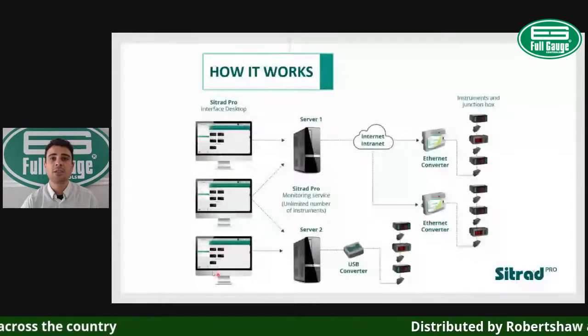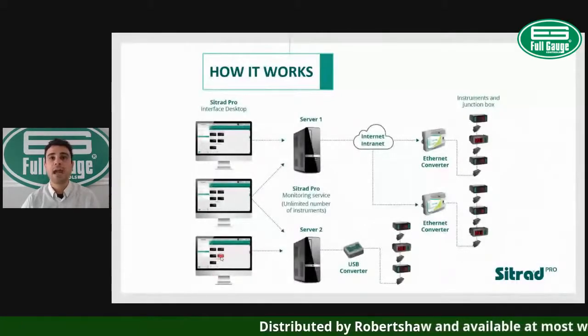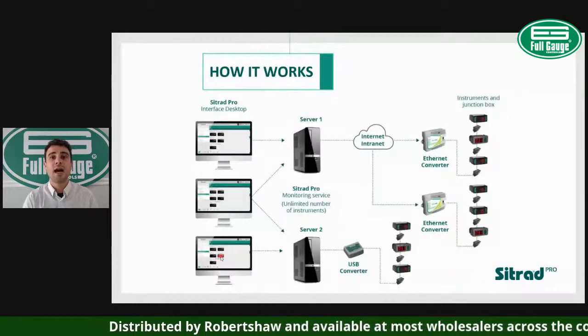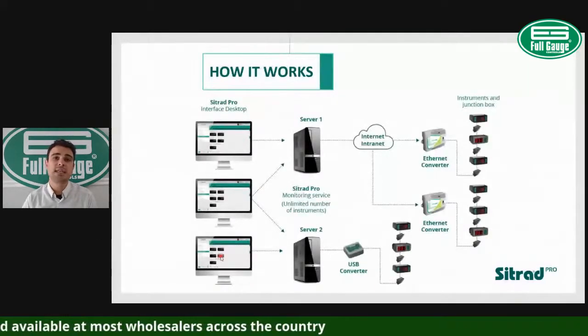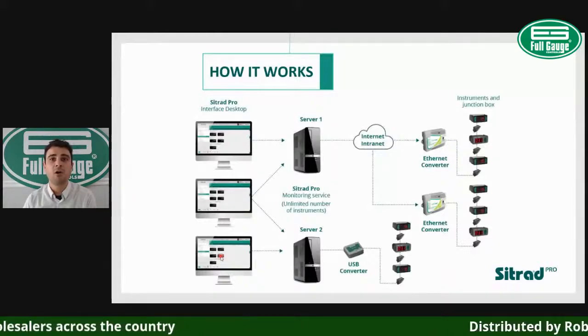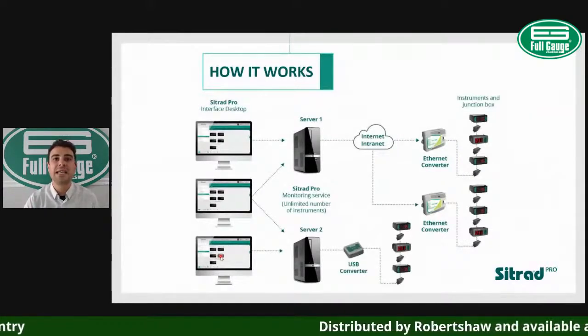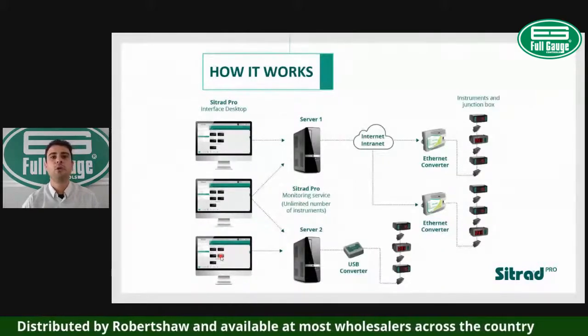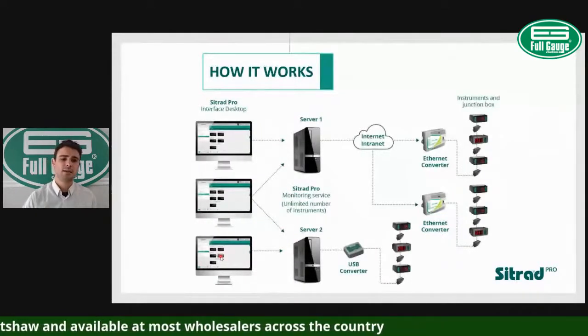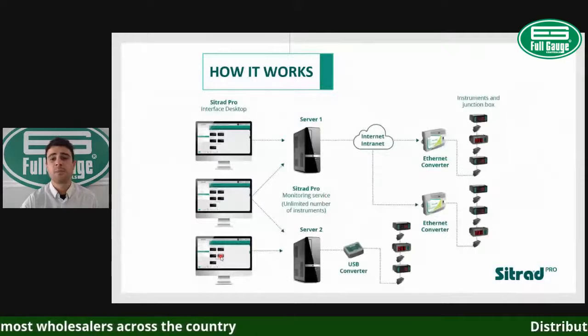So I can log into that server from anywhere in the world via IP address and serial port. In fact, every CTRAD Pro software now has its unique ID. Its unique ID replaces the need of knowing your IP address. So basically that's what it does.